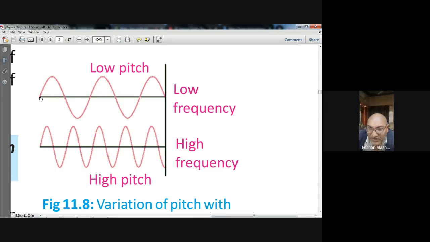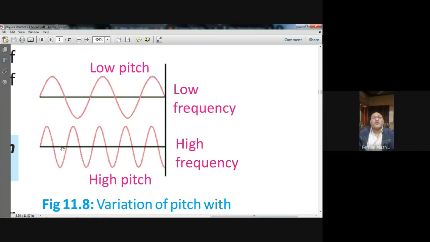Here you see, from here to here, it represents the time period. You can clearly see the time period for this wave is larger and the time period for this wave is smaller. Frequency is the reciprocal of the time period.